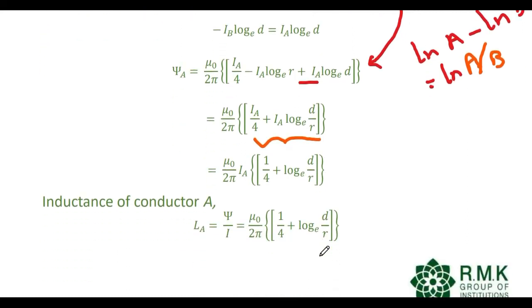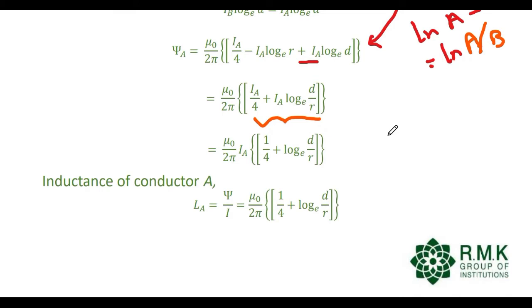Then the inductance of a conductor, I told you what the formula for that is. Flux linkage inductance is equal to flux. This is a very basic equation, correct? Flux linkage per current. So for conductor A, it means psi, the total flux linkage, divided by IA. What is the total flux linkage?